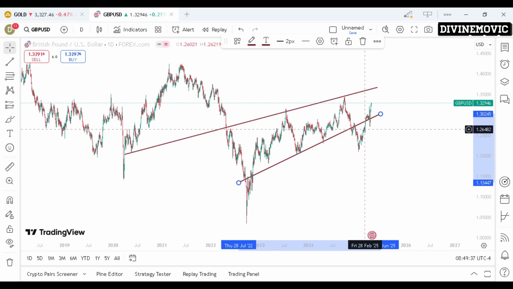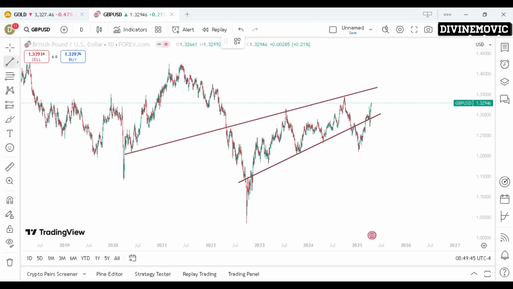Now, knowing this particular information, we want to simply use this information to identify key levels. That the point where price got to after price turned support to resistance is simply a key level. And the point where price turned resistance to support is simply a key level.